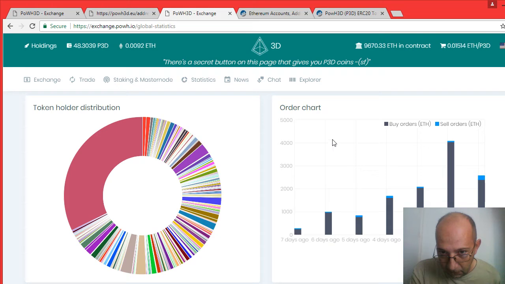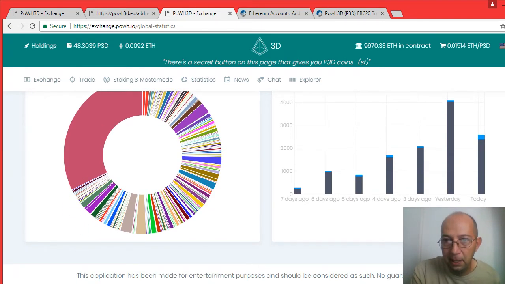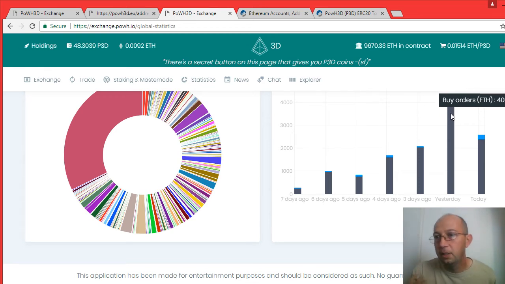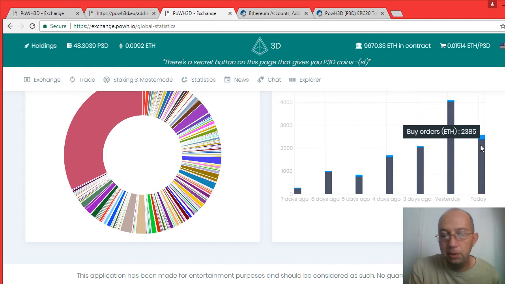Over here, let's move this up a little so my head's not blocking it. This is the volume for each day. These are the numbers I like to pay attention to. As you can see, yesterday there was 4,000 Ether volume, which means 10% of that, 400, was spread amongst the coin holders. 238 has been spread amongst the coin holders as of today.